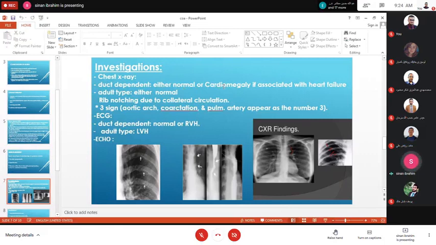As we say, they are liable for developing heart failure and pulmonary hypertension if they have severe interruption or coarctation. So we see that patients have pulmonary hypertension in the neonatal period. Then we look at the aortic arch to exclude coarctation of the aorta. So we must keep coarctation in mind if the patient has pulmonary hypertension.